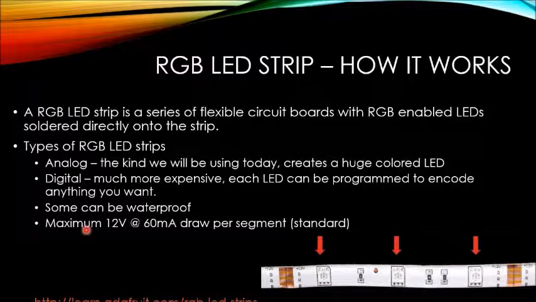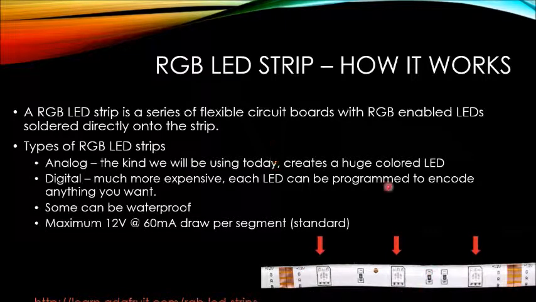So how does it work? An RGB LED strip works by a series of circuits on a strip. It's a flexible strip that you can mold to wherever you really want.